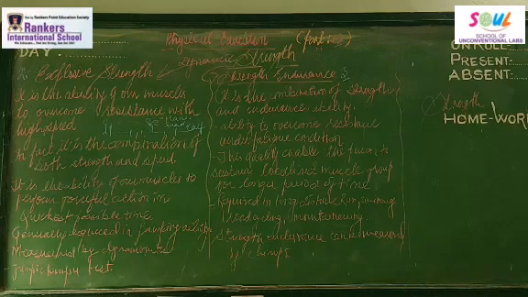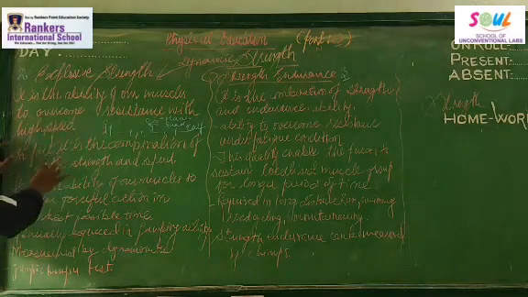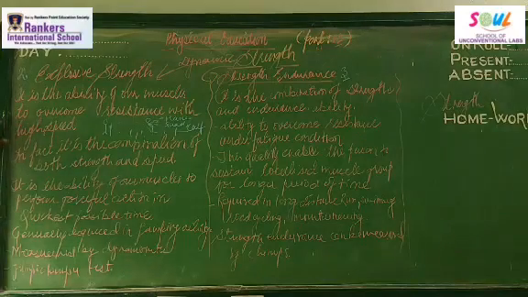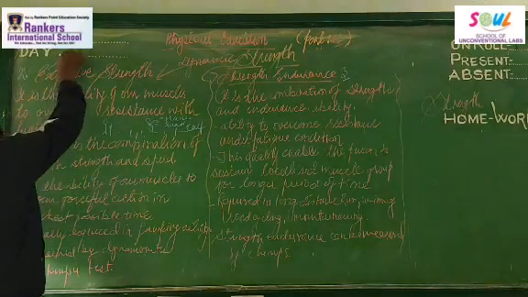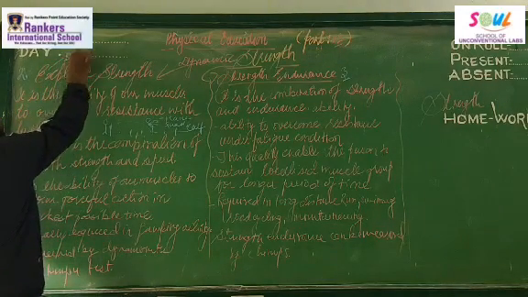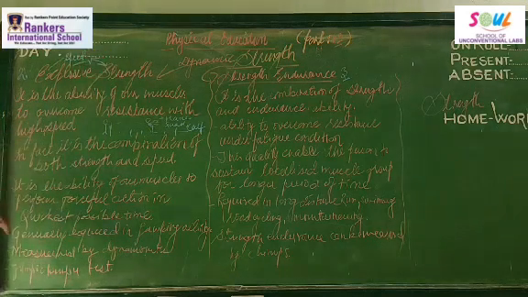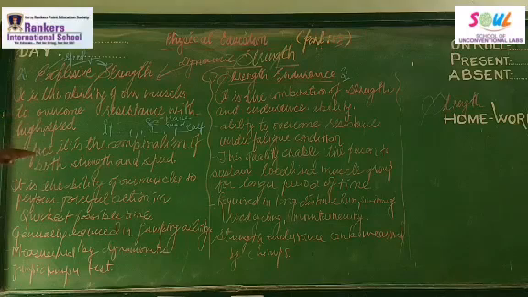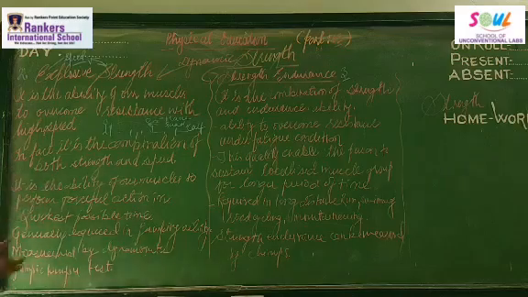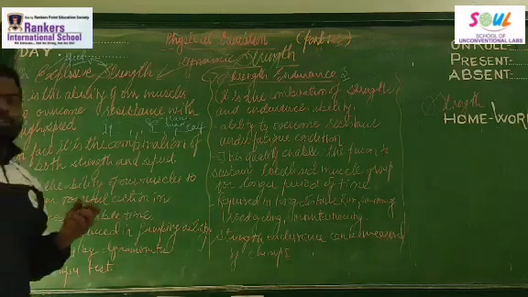In fact, it is the combination of both strength and speed. Explosive means it is speed related, and strength is the force. So it is the ability of our muscles to perform a forceful action in the quickest possible time.